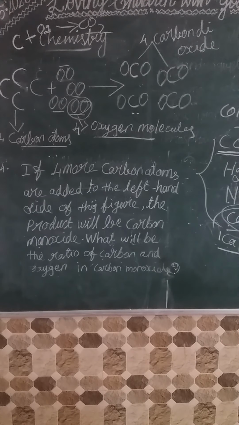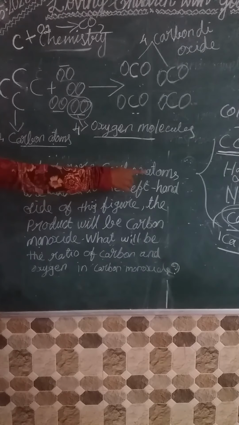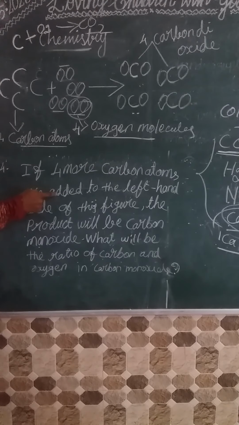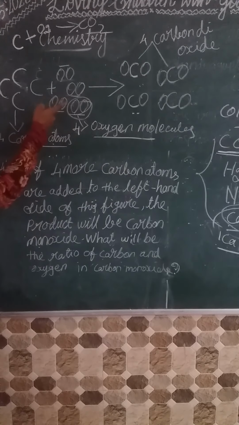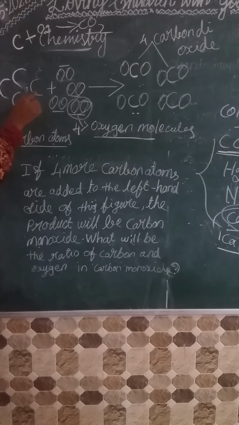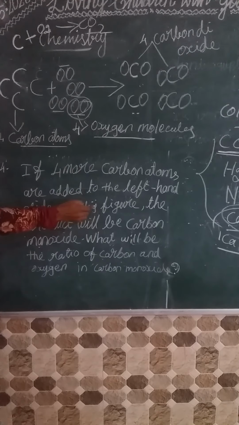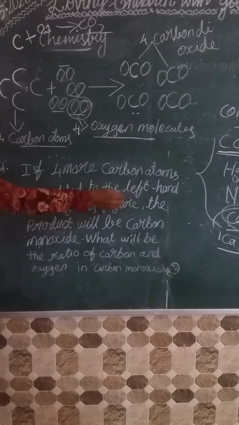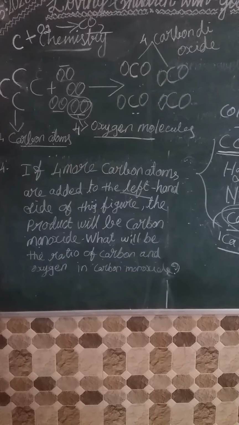Your next, 4th question is: if 4 carbon atoms are added to the left hand side of this figure, in the first figure, where we need to add, this left hand side we need to add.